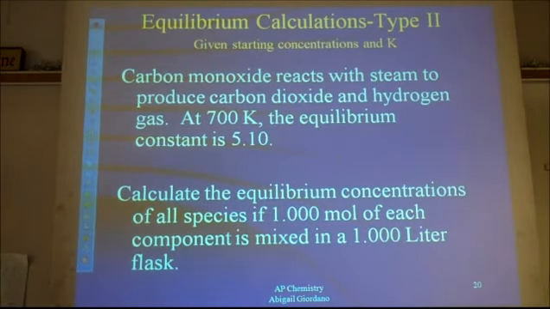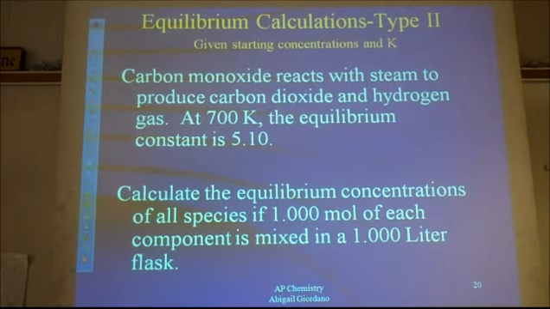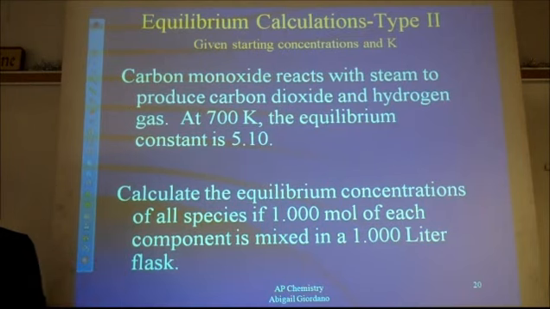The way you know is when you read through the problem, if you are given information about the initial conditions, remember that's what that I in ICE stood for, initial. You're given initial conditions and you're also asked something about the equilibrium conditions, okay?